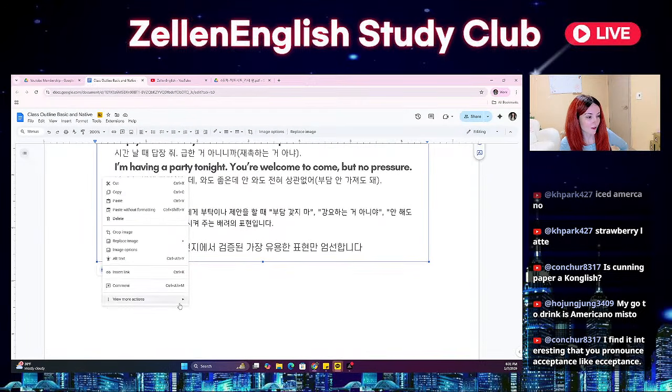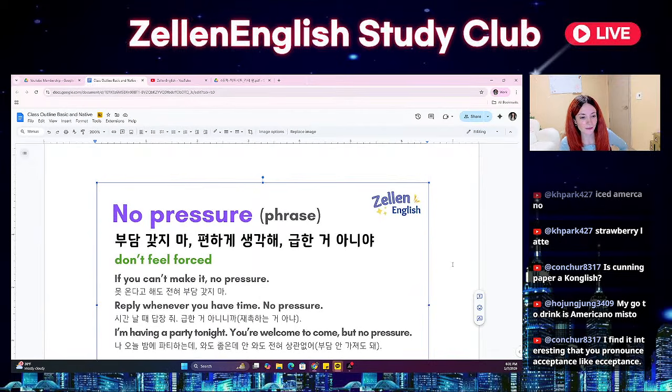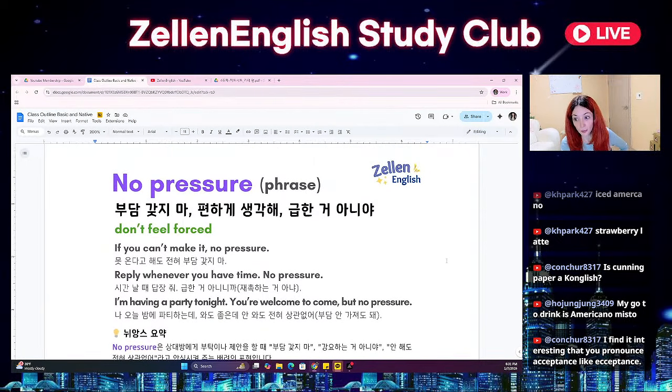All right, and then our last one, which was actually just from today, is no pressure. This is a really common term that we say when we want to make sure the other person doesn't feel like there's any obligation. It's like, no pressure, you don't have to do this, don't worry. I personally say no pressure often.